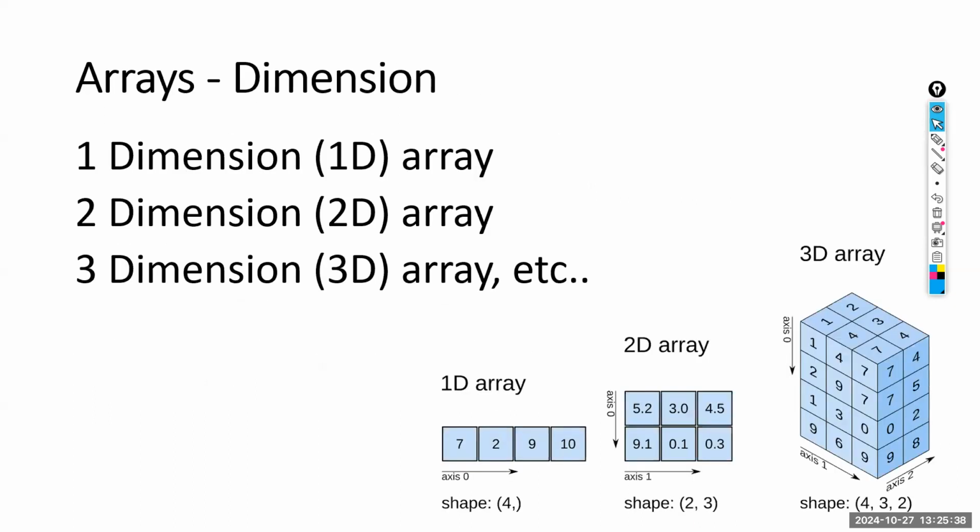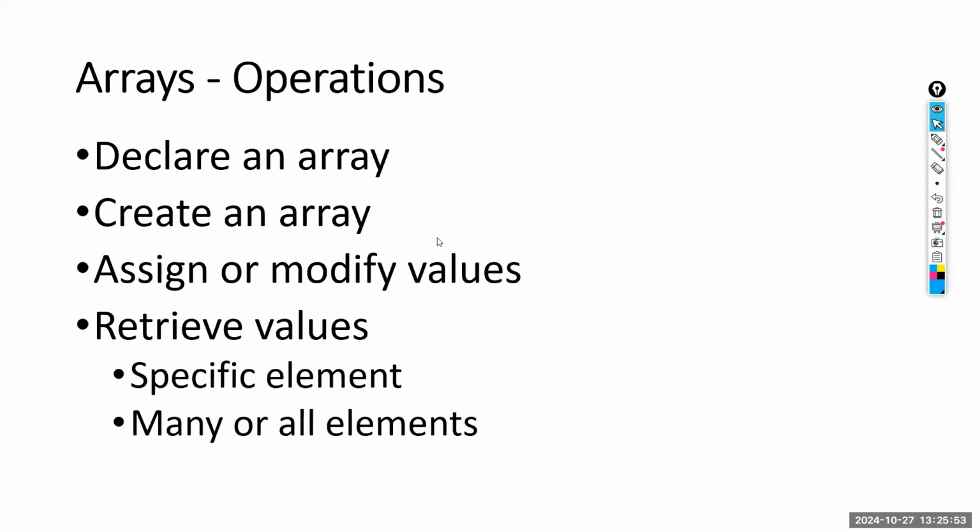An array can be one dimension, two dimension, three dimension, and so on. We'll first use 1D arrays, then move on to 2D and 3D as well. So how do you use an array? You can declare an array, then create an array.